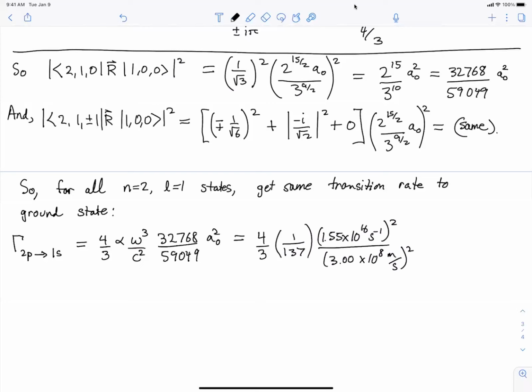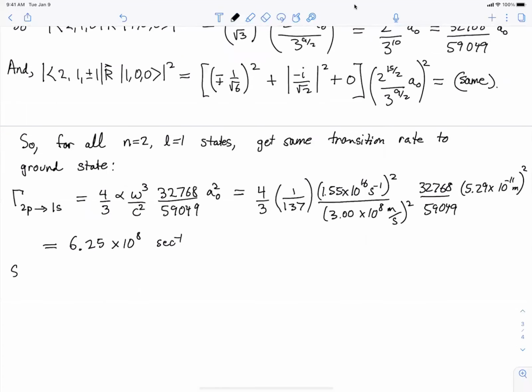And then there's our 32,768 over 59,049. And then there's our Bohr radius, which we can look up numerically as 5.29 times 10 to the minus 11 meters. And that gets squared too. And just multiplying those all together gives, it turns out, 6.25 times 10 to the 8 inverse seconds.